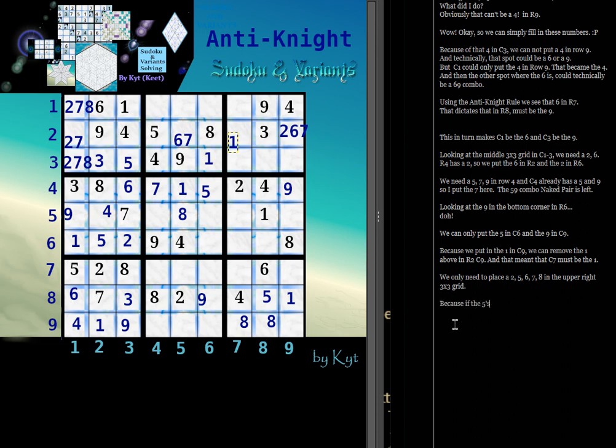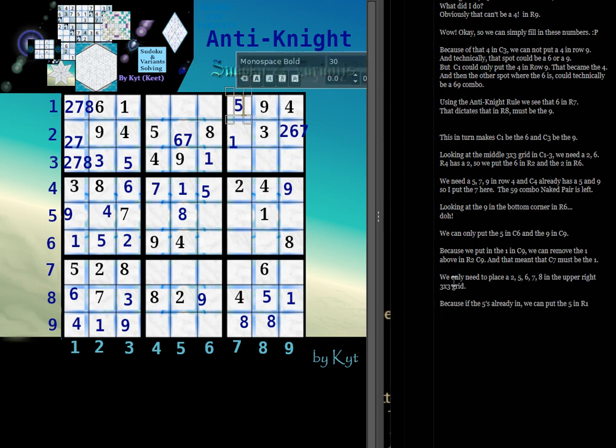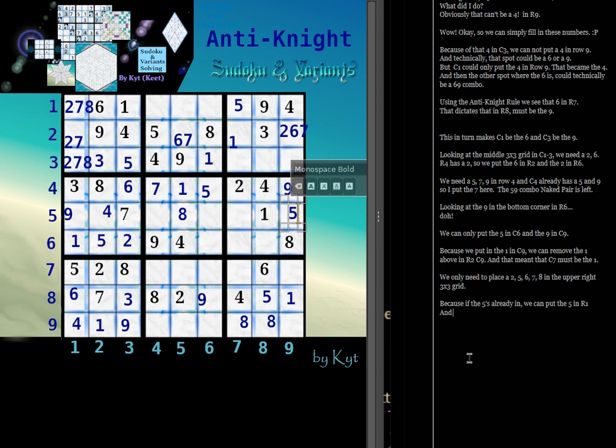Because of the 5s already in, we can put the 5 in row 1. And again in row 5.